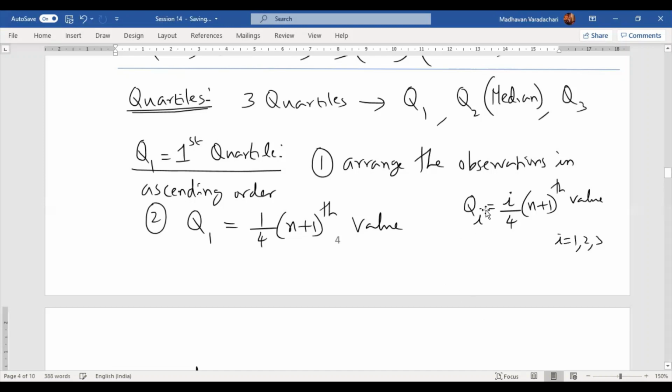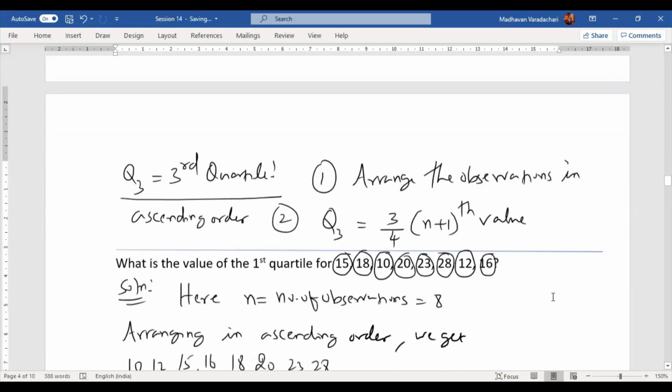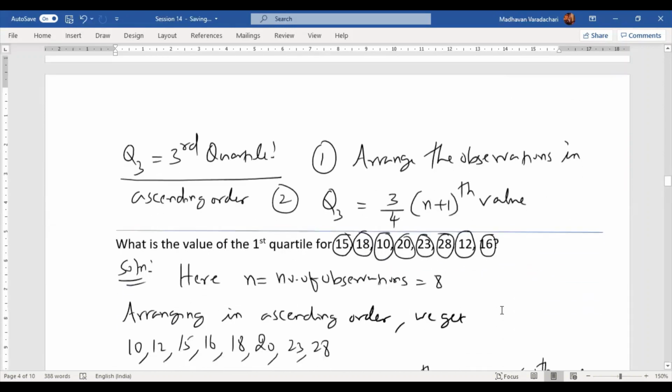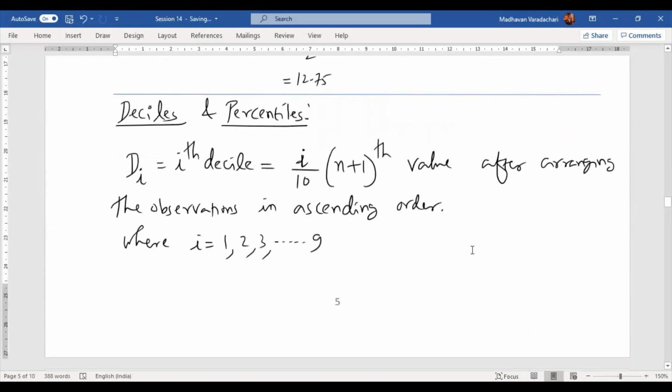If I write i as 1, you will get this formula. If I put i as 2, 2 by 4 is nothing but 1 by 2, I will get the median formula. If I put i as 3, 3 by 4 times (n plus 1)th value, I will get this third quartile formula. That is what we try to do. So here you are writing it in general like this. This is the formula to calculate decile.